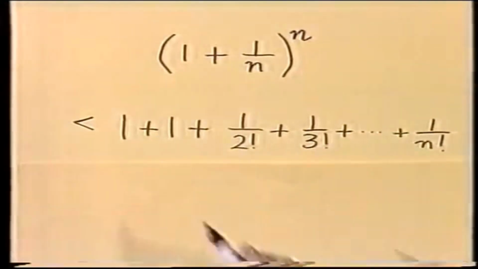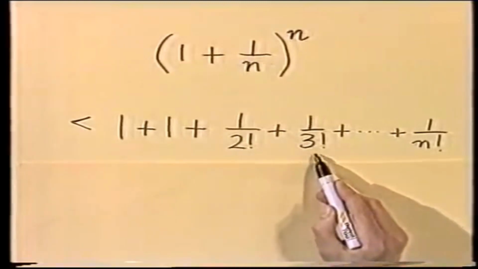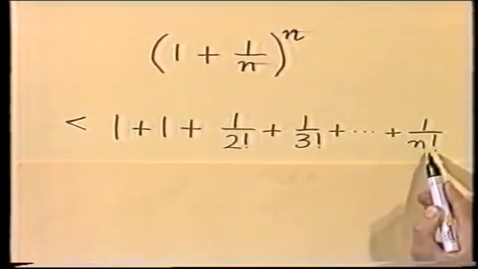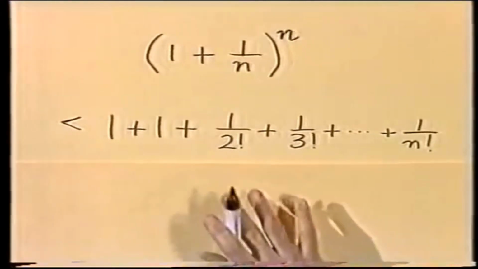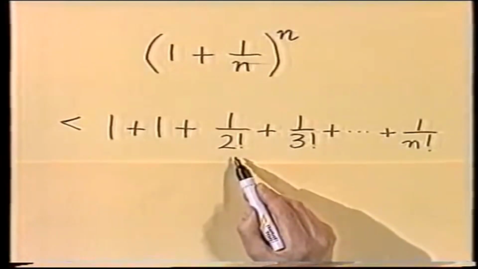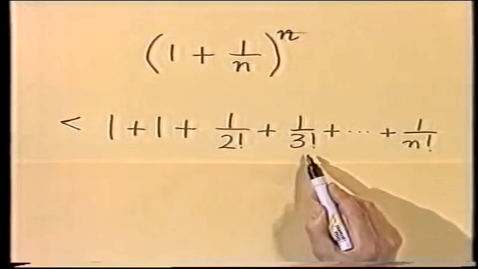So we find that 1 plus 1 over n to the n is less than 1 plus 1 plus 1 over 2 factorial plus 1 over 3 factorial, and so on, up to 1 over n factorial. Well, how can we get an upper estimate for this? 1 over 2 factorial is just a half. 1 over 3 factorial is 1 over 3 times 2.